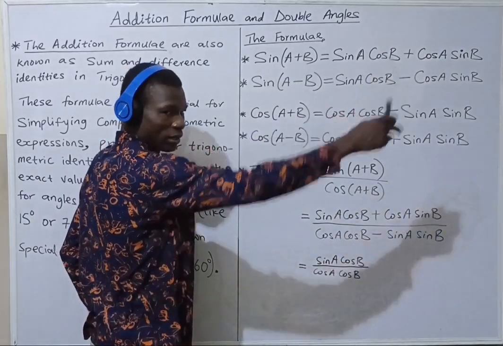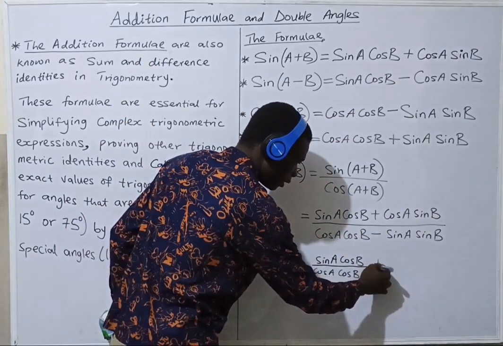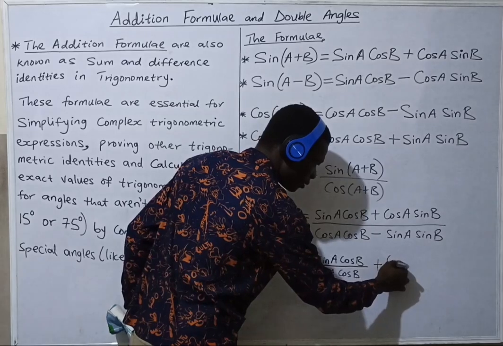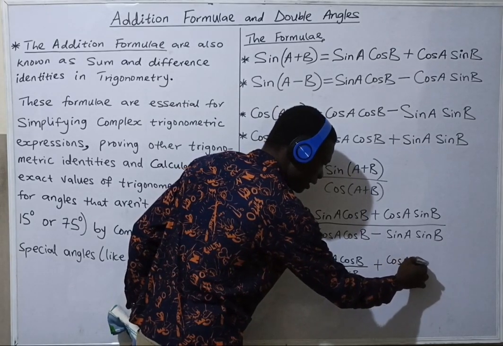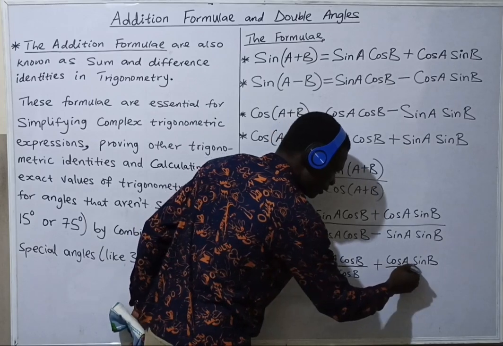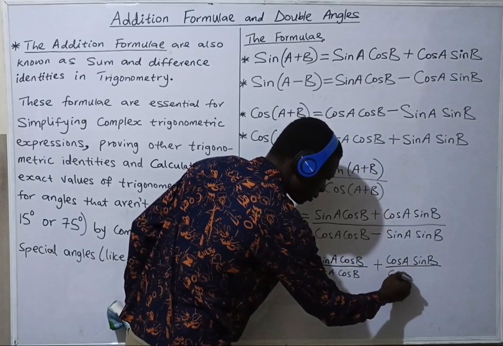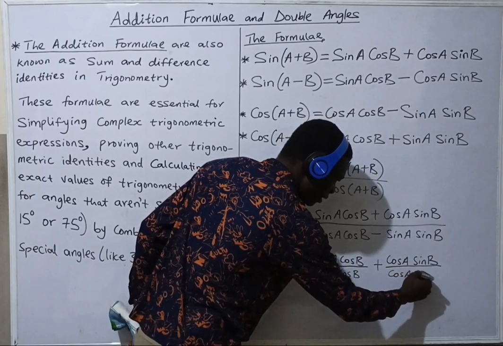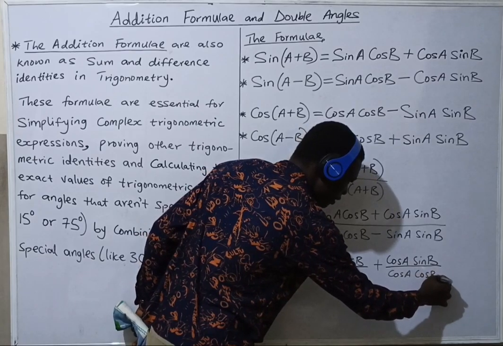I'll do that to the one on the right hand side of it, plus I'm having cos A sin B. This also will be divided by cos A cos B.